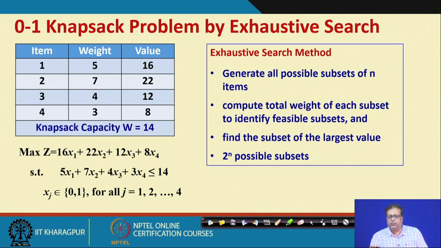So, generate all possible subsets of n items, all possible combinations, and compute total weight of each subset and see whether it is feasible or not feasible. Then find the subset of the largest value. 2 to the power n possible subsets will be generated. So, that is how we go ahead with this 0 1 knapsack problem, right.